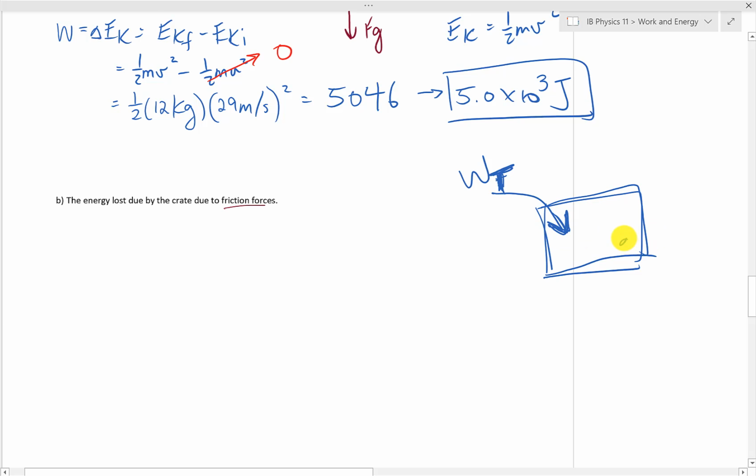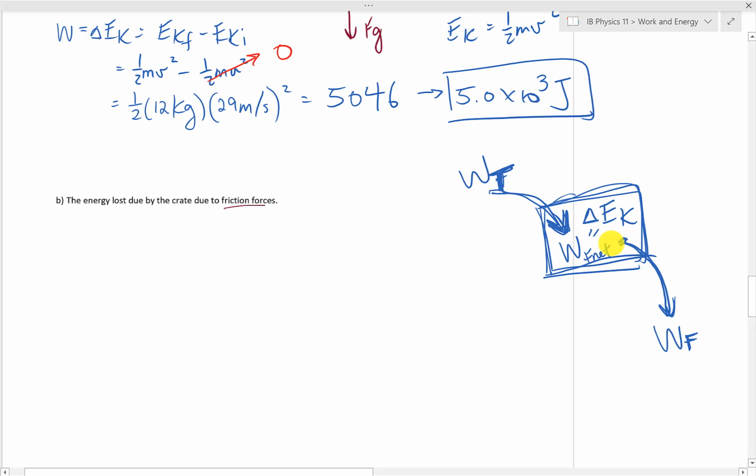But at the same time, it's going to lose some of that energy due to friction, which I'm going to sub as F. And whatever is left over in my system after adding and subtracting energy is how much this box will be able to accelerate going forward.